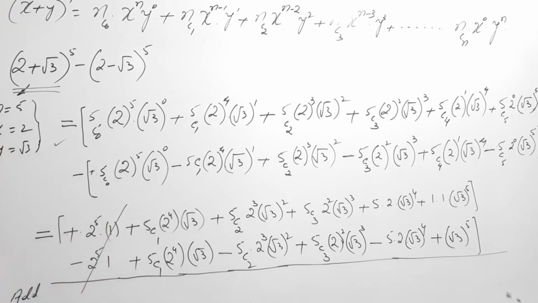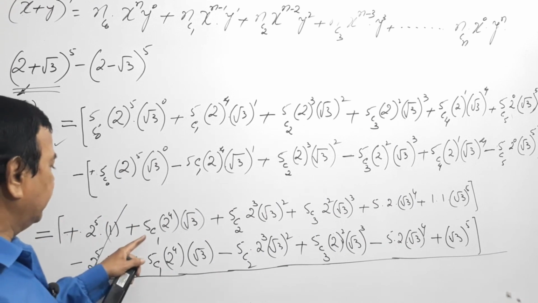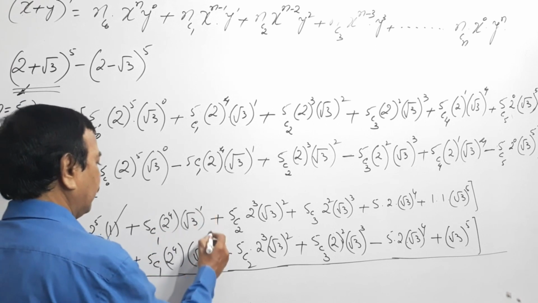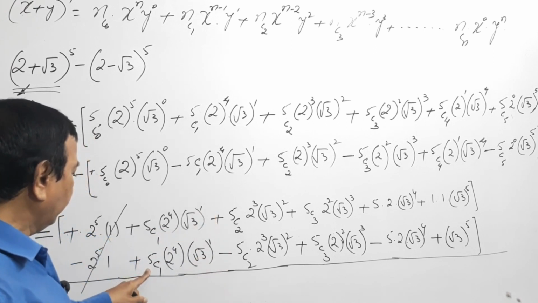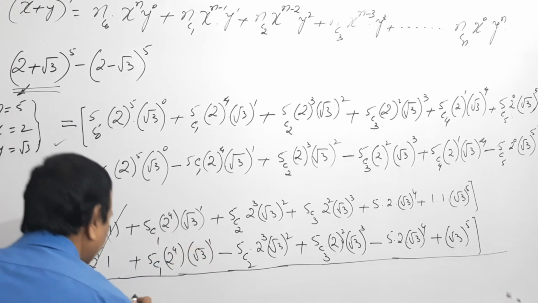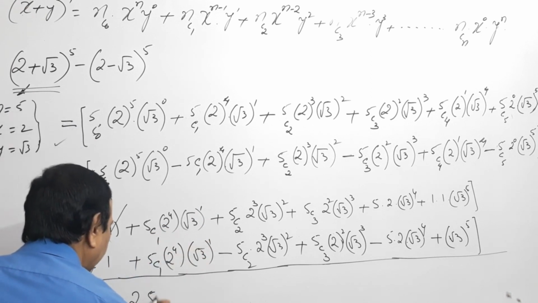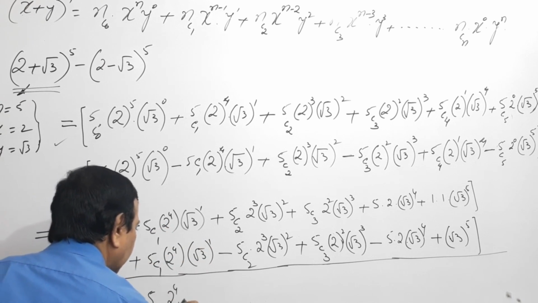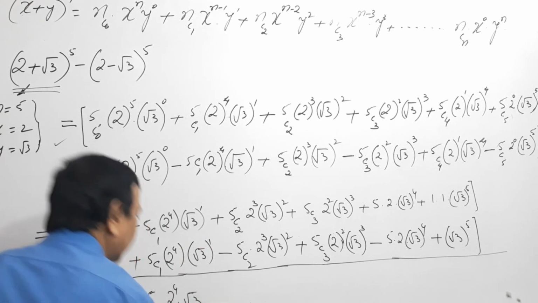Done. So here 5C1 2 to the power of 4 root 3, so again you have 5C1 2 to the power of 4 root 3 to the power of 1. So this becomes 2 into 5C1 2 to the power of 4 into root 3, correct?